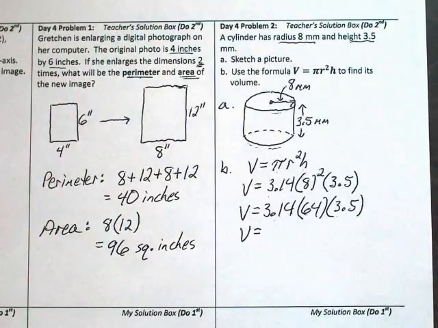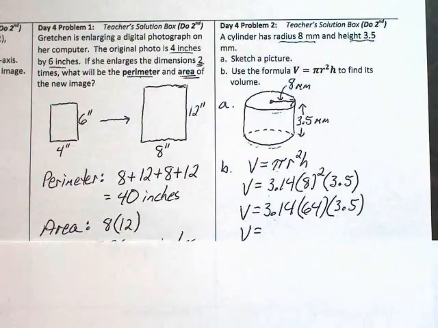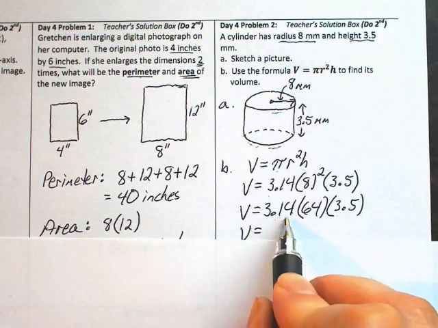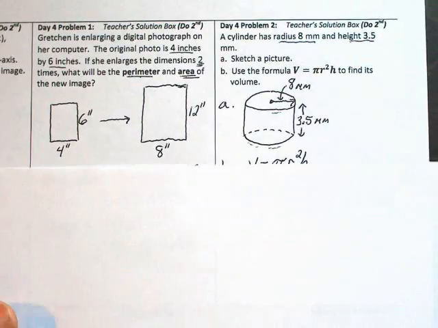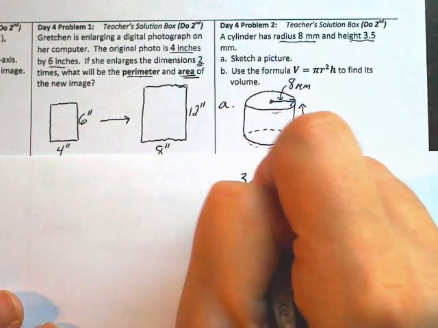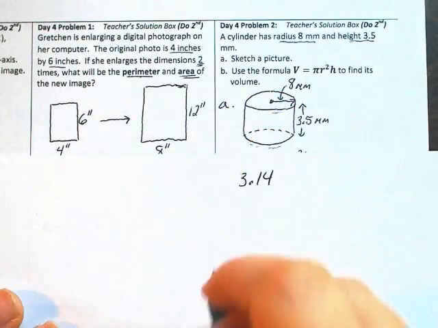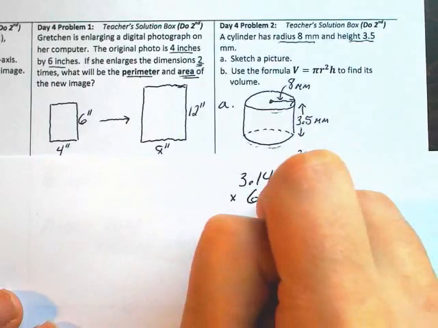So let me grab a piece of scrap paper, and we can start in. Now it doesn't matter which numbers you multiply together first, but let's multiply the 3.14 by the 64. And so 3.14 times 64.